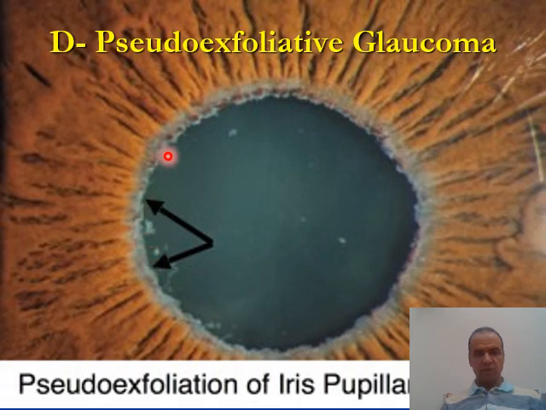You can see these particles on the pupillary margin, whitish gray in color, and this is also dandruff-like material. This material also precipitates at the angle of the anterior chamber, leading to rising of intraocular pressure in pseudoexfoliative glaucoma. Usually this type of glaucoma is seen in patients above the age of 40.